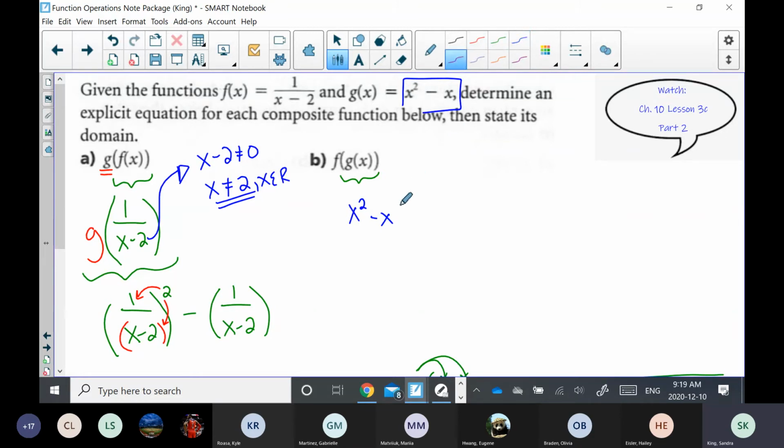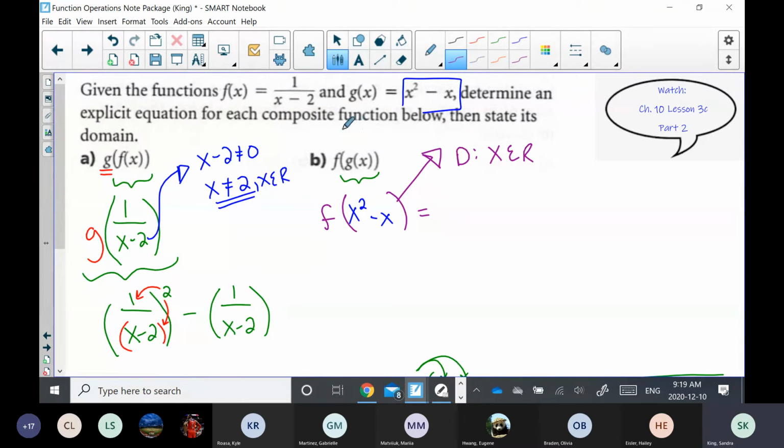You could check by punching that into your calculator, but the domain of that would be x is an element of the real numbers. So the inner function domain is all real numbers. What we do is we take that inner function and we put it into F. So here is F. Okay.